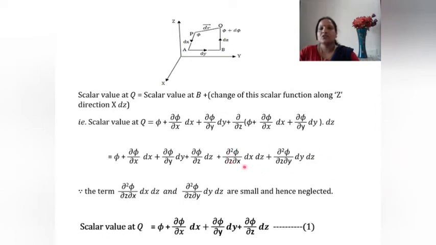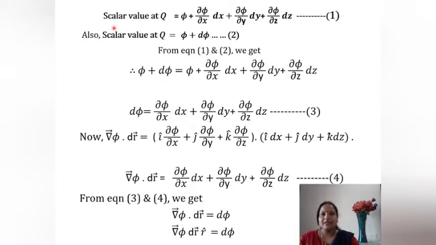Hence, these two terms are neglected. Therefore, the scalar value at Q is equal to φ plus ∂φ/∂x dx plus ∂φ/∂y dy plus ∂φ/∂z dz. This is equation 1.